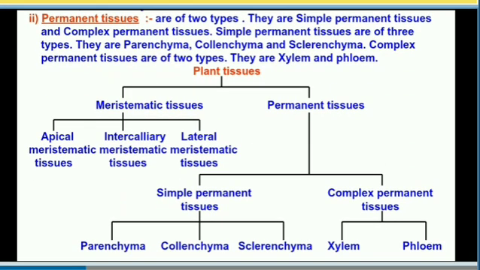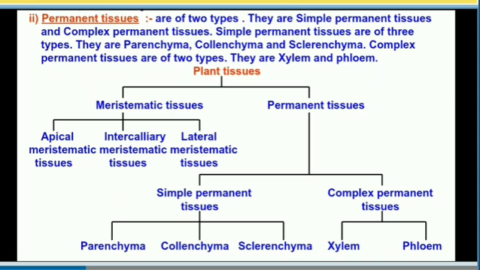You can see here the first simple permanent tissue present in plants is parenchyma. It consists of relatively unspecialized cells with thin cell walls.